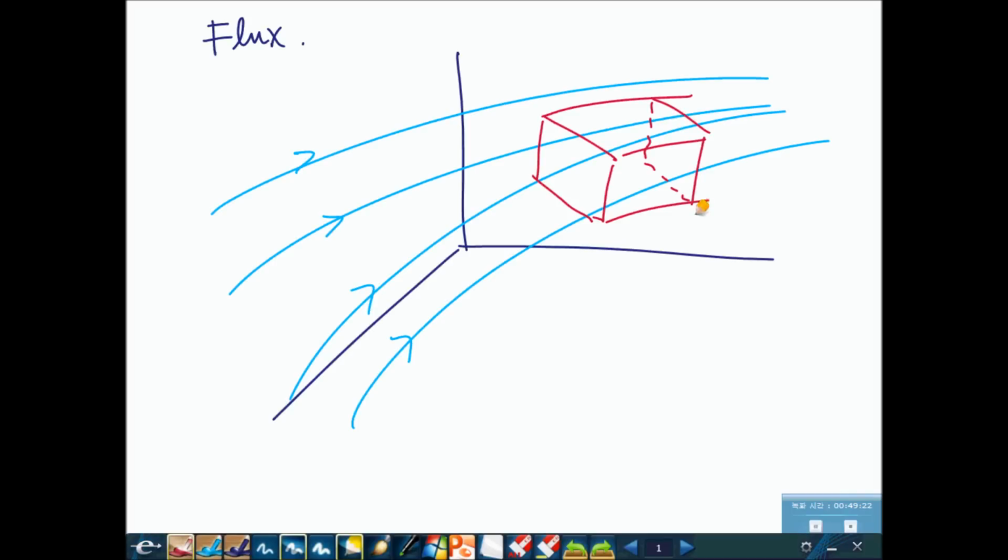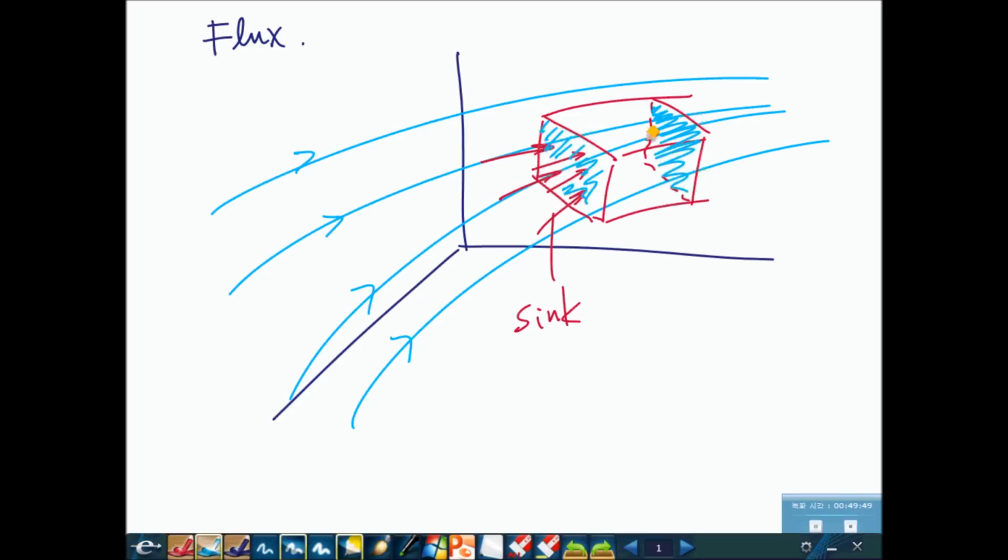Then what you do is this. That's what? That's sink, right? This surface, the left-hand side surface, that's flowing through, so it's sink, right? What about the other side?